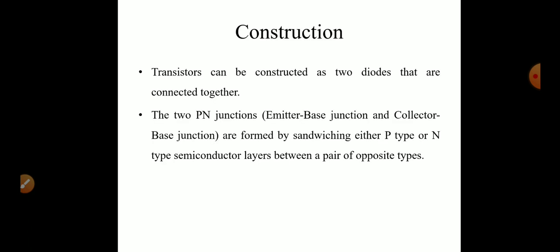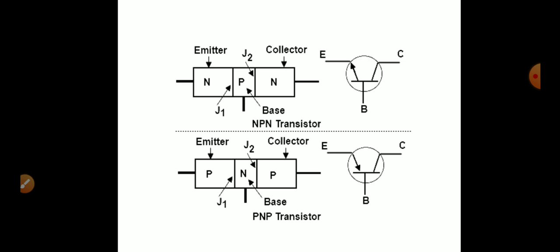Next one is construction: how a transistor is constructed. A transistor can be constructed as two diodes connected together. Two diodes means, in an NPN transistor, the emitter-base NP is one diode and the collector-base NP is the second diode.